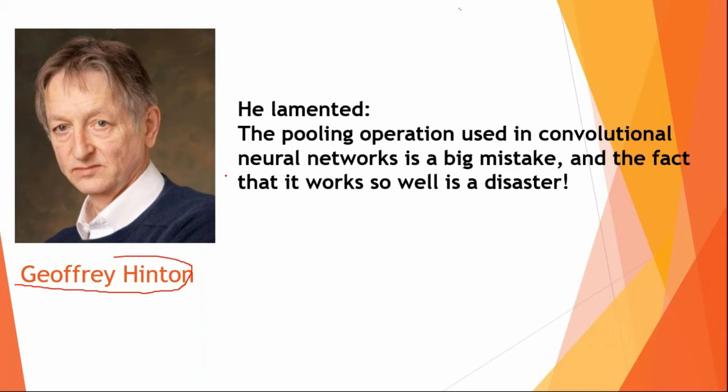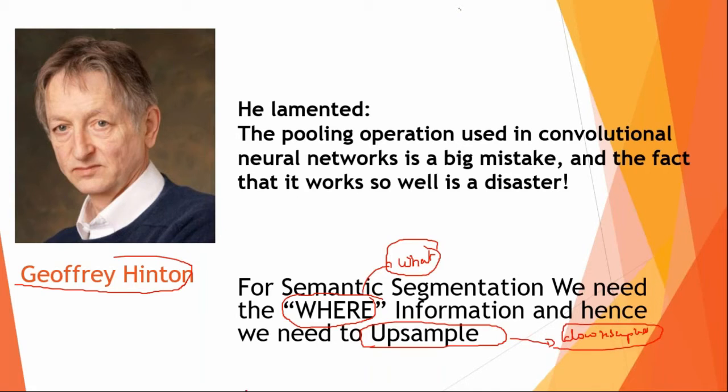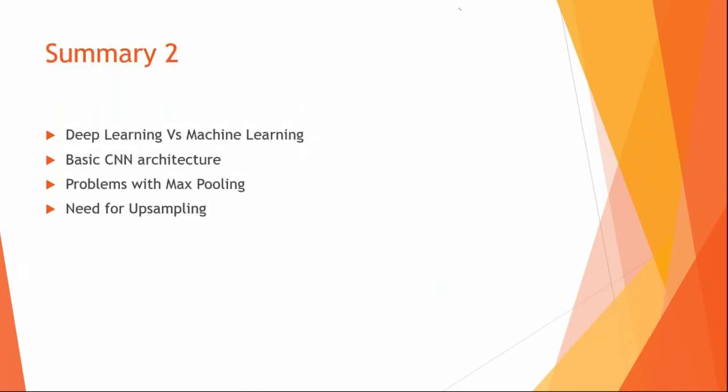If you're working on semantic segmentation or any type of segmentation, we require this where information in addition to the what information. Hence, we need to upsample whatever has been downsampled, so that you also have the where information.